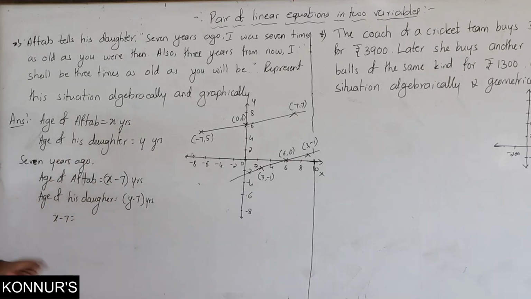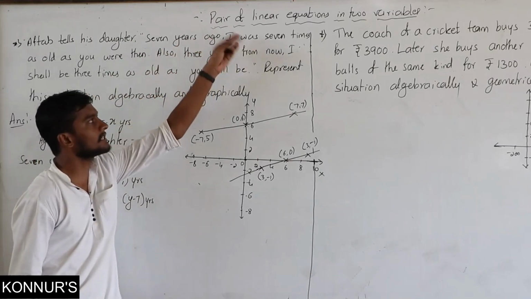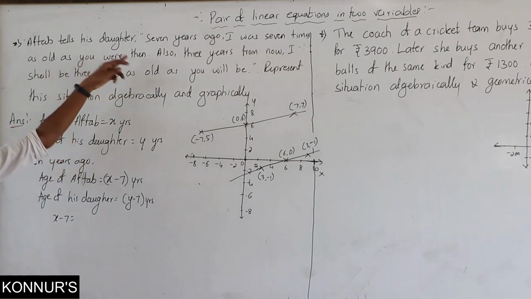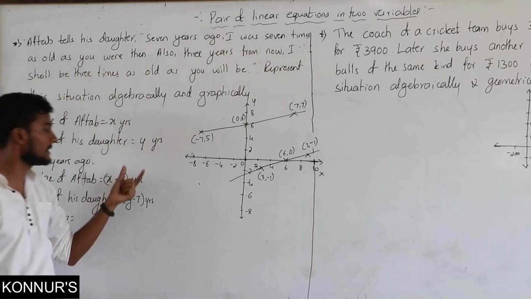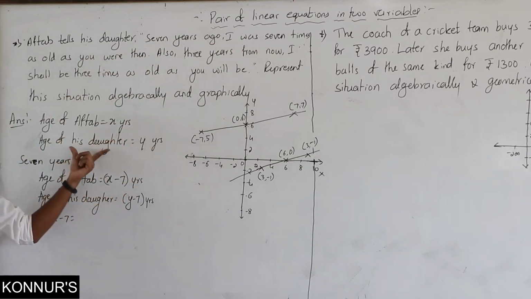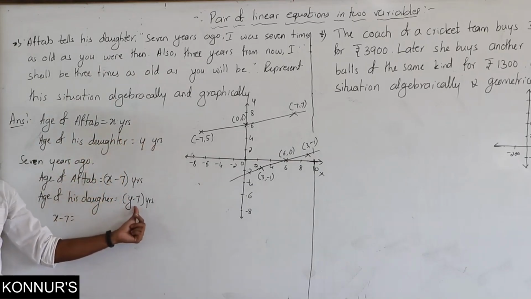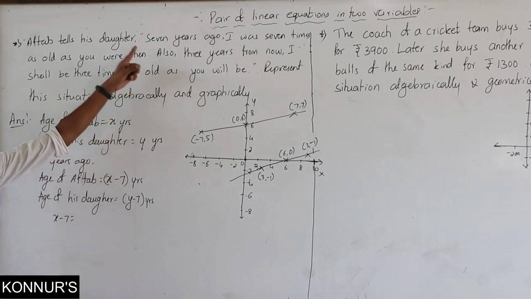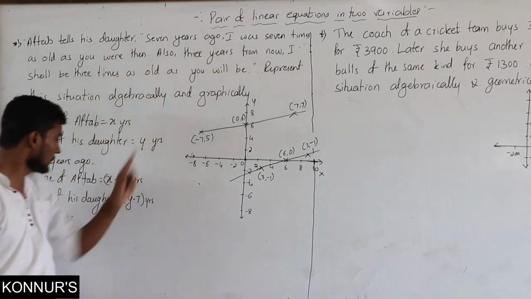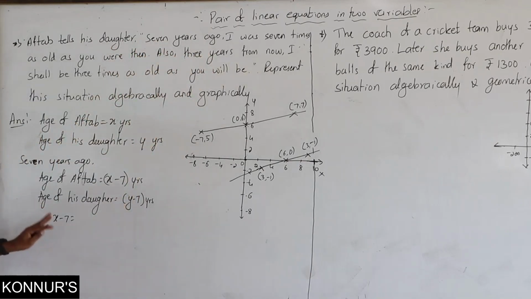I was 7 times as old as you were then. You means his daughter. So his daughter's age 7 years ago is y minus 7. Aftab tells his daughter 7 years ago, age of Aftab is x minus 7.